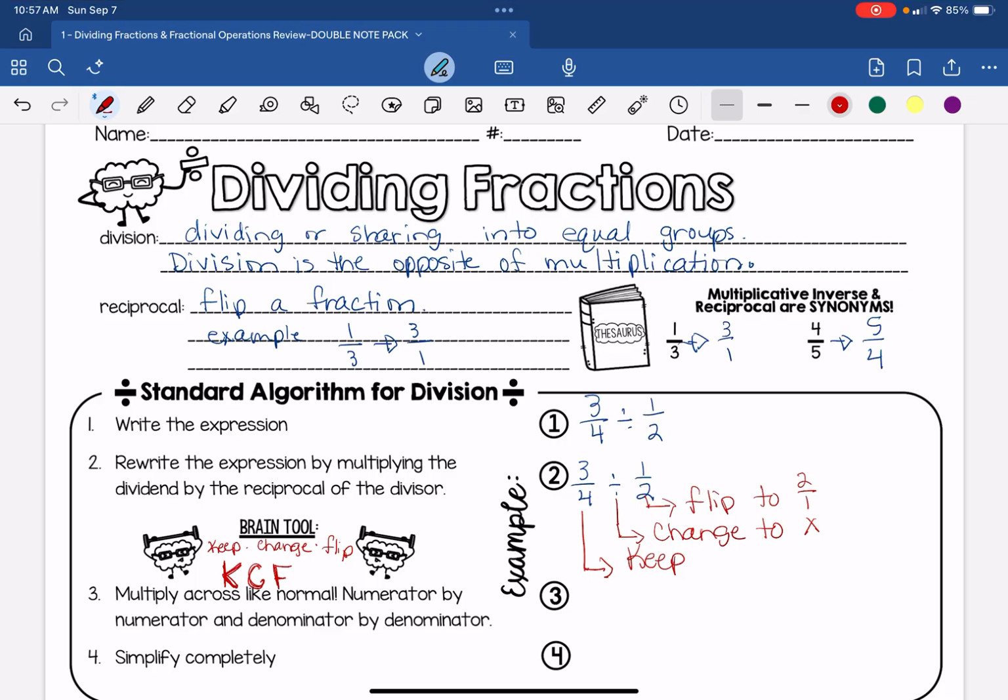So when I rewrite my problem, it's going to look like this. 3/4 times 2/1, which is the same as 6/4. And I can reduce 6/4 to 4 goes into 6 one time. I have 2 left over, so that goes over my denominator. And I can reduce that again because 2/4 is the same as 1/2.